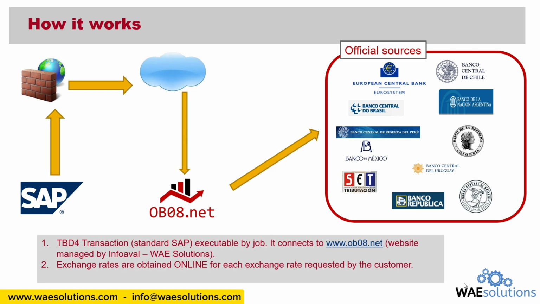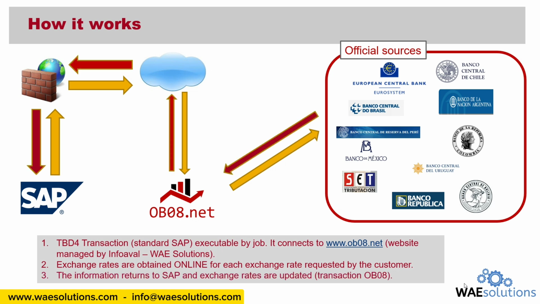The TBD4 will read this information, take it to SAP, and populate with these rates the TCURR table, which is the same table that you populate manually by using the OB08 transaction. And this process is totally automated and it takes 5 to 10 seconds, no more than that.